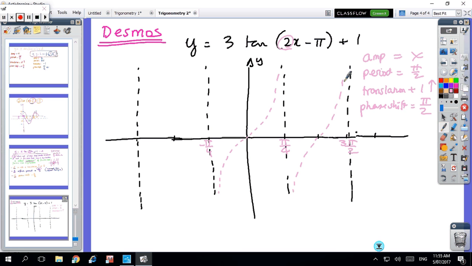This is the normal function for tan x, not anything else. Backing on just to have a quick thought. Because the phase shift is pi on 2 and the period's pi on 2, everything's just going back the same distance.